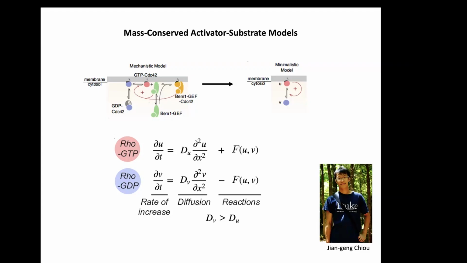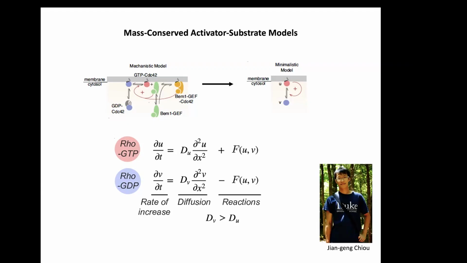So for that reason, we assume that there's no synthesis and degradation, that there's a conserved amount of this U plus V entity. And that gives you an easy to handle set of models where U locally will change according to diffusion and some biochemistry that we have to talk about in a minute.